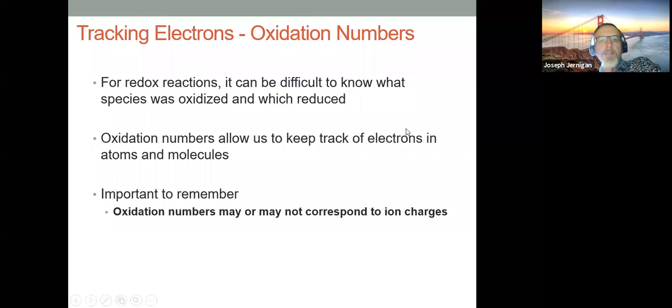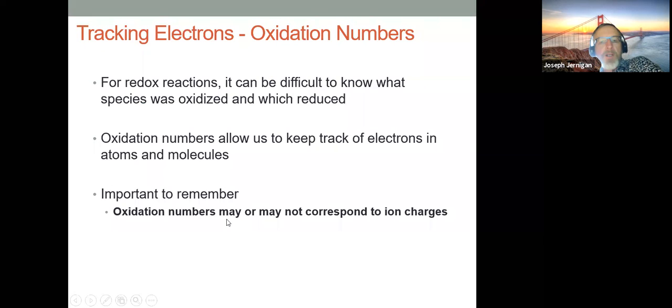So for redox reactions, it can be difficult to know what species was oxidized and what was reduced. In fact, that's some of the questions we've just been having, right? It is a little challenging, particularly if you're looking on an atomistic basis, and you know which atom in a molecule is actually getting oxidized, and what's the charge. So we have to use oxidation numbers.